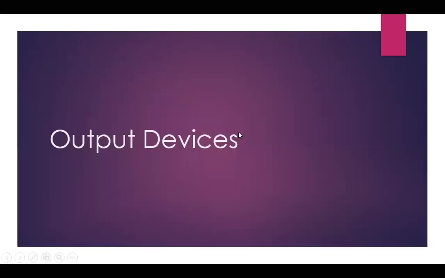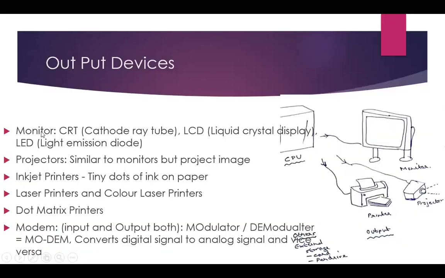Then output devices. The most commonly used output device is the monitor, the computer monitor, which I have drawn here. Previously, there used to be cathode ray tube monitors, commonly known as picture tube.